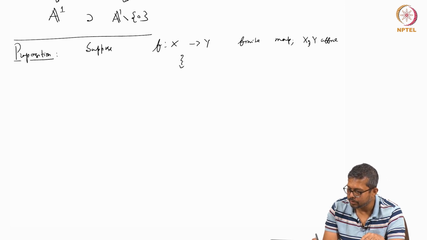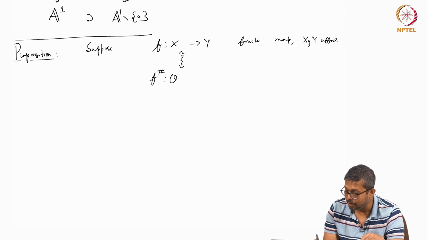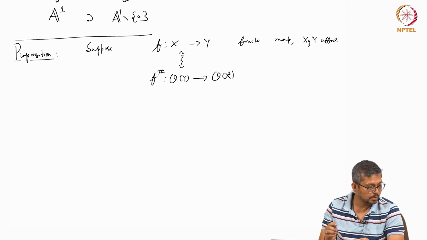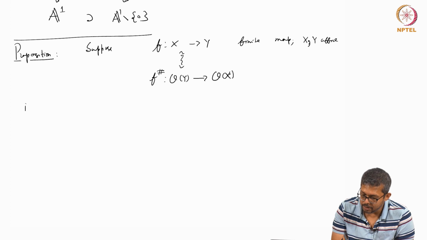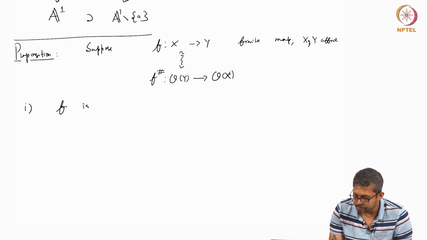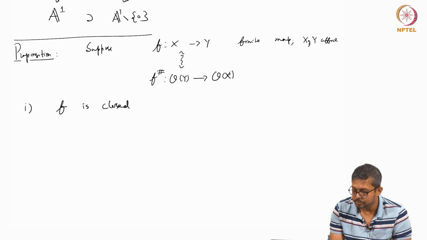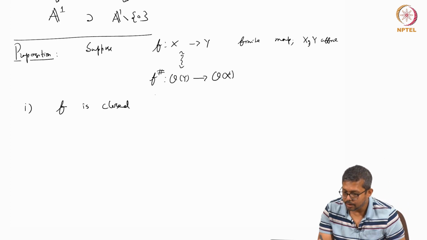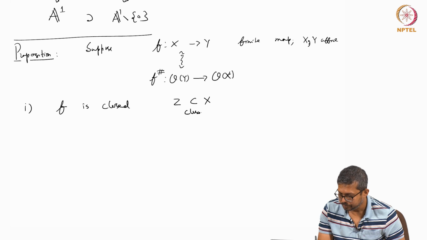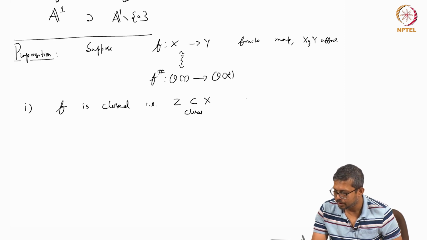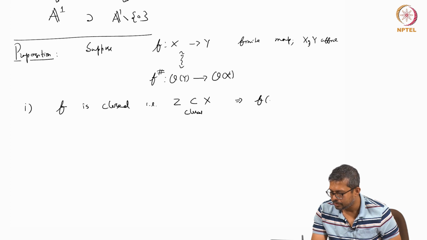So this will give you a map at the coordinate ring level, which you call f hash. So the first property is that f is closed. So what does it mean? That means if Z is closed in X, this implies f of Z is closed.